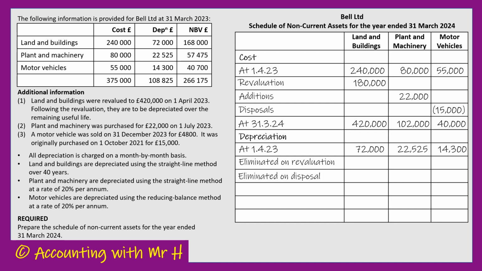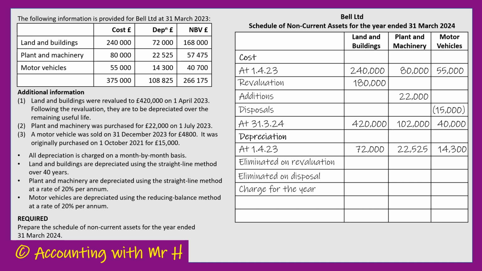And there's that narrative ready. And then the final thing I'll need to consider in this section is what is the charge for the year? How much depreciation have we got to do on each of these types of non-current asset? So I've got my headings in ready to go, and I'm now going to work through the figures. Those three things: eliminated on revaluation, eliminated on disposal, and charge for the year.